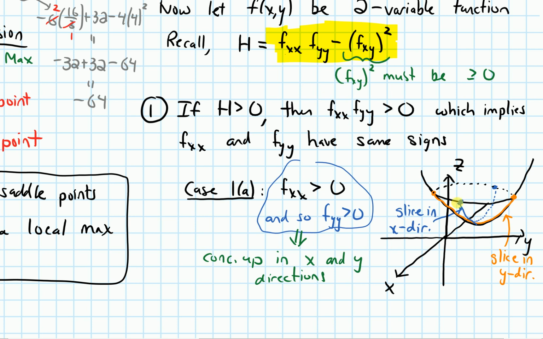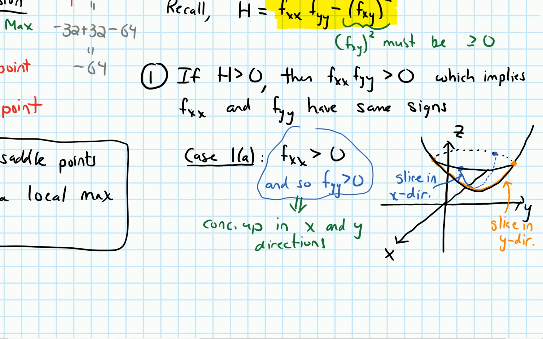But if I look at this slice in the x direction, notice that it is also concave up. So the fact that it is concave up in both of those directions makes this bottom point a local min.